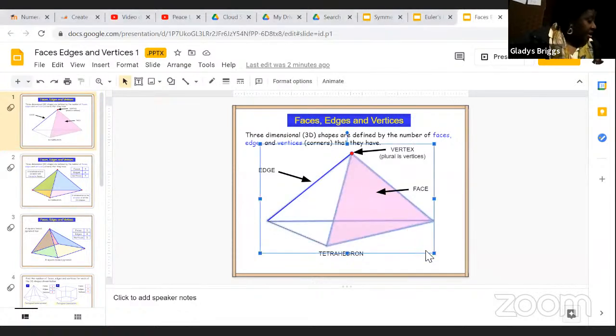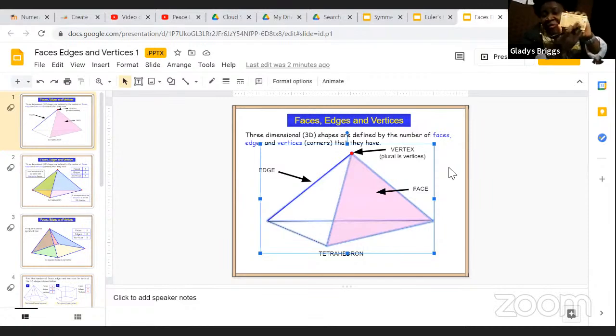So the way that we describe 3D shapes is through the faces, the vertices, and the edges. Let me pin myself so that you guys can see me first. This is the face.